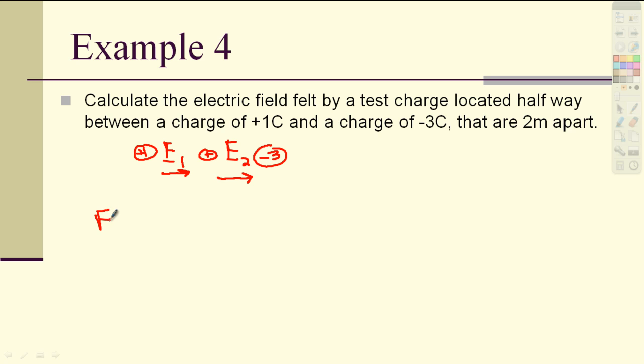So E1, we're going to use the equation KQ over R squared. K is our 9 times 10 to the 9th newtons meter squared over Coulomb squared. Our Q here is going to be the charge on the positive guy, so that's just 1 Coulomb.